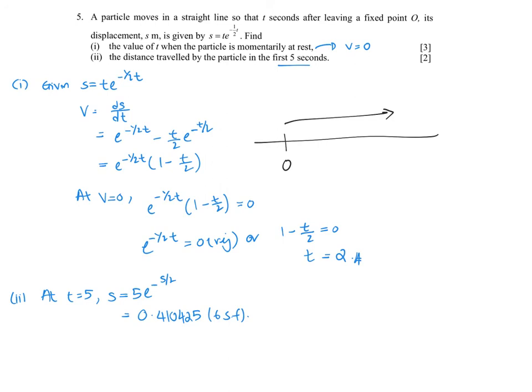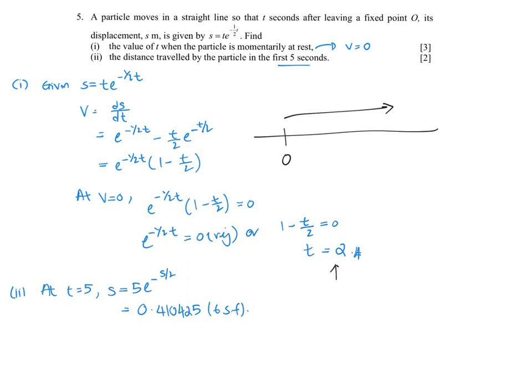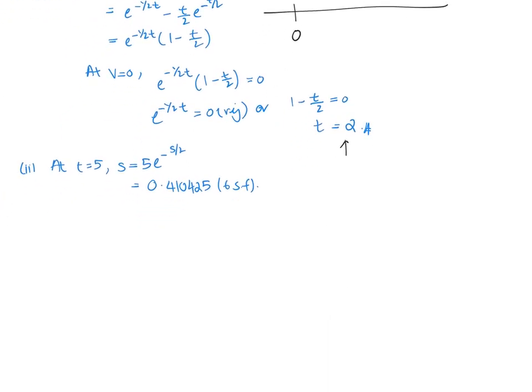Let's find out first at the instant where it became momentarily at rest. At t equals 2, we have s to be equal to 2e to the power minus 1, which is 0.735759, 6 SF.